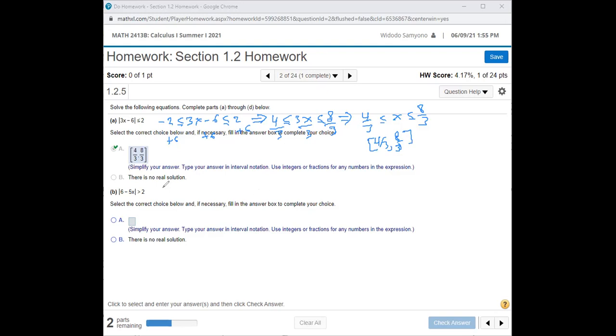Okay. So the next one is, you need to change this to, this is the same as 6 minus 5x less than negative 2, or 6 minus 5x greater than 2, right?